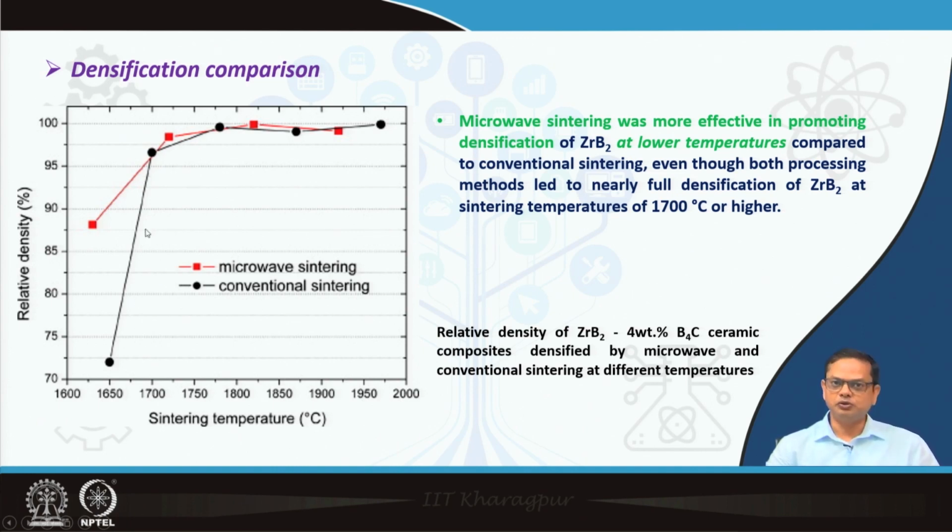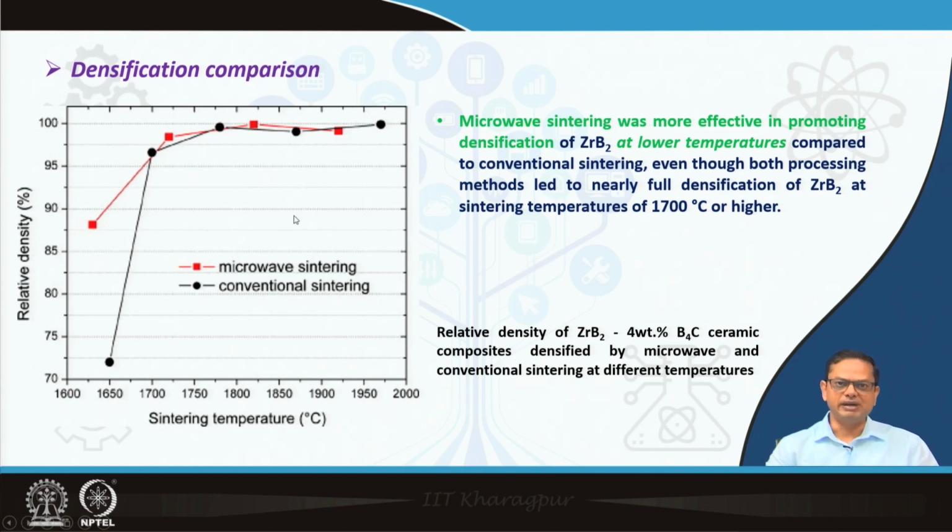So, if I do not want to go for high temperature sintering, at lower temperature microwave sintering is definitely superior in terms of densification. However, at high temperatures both have quite good densification.